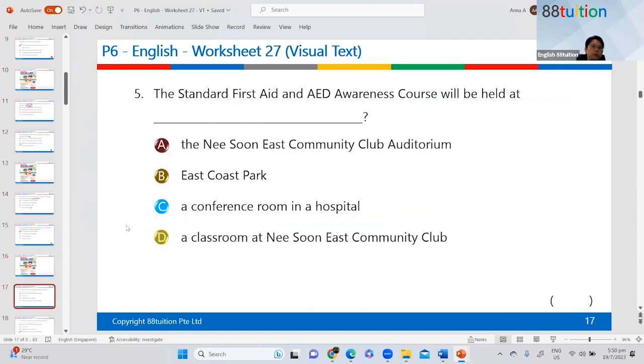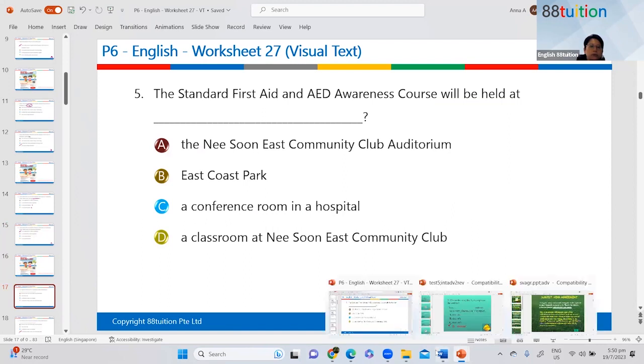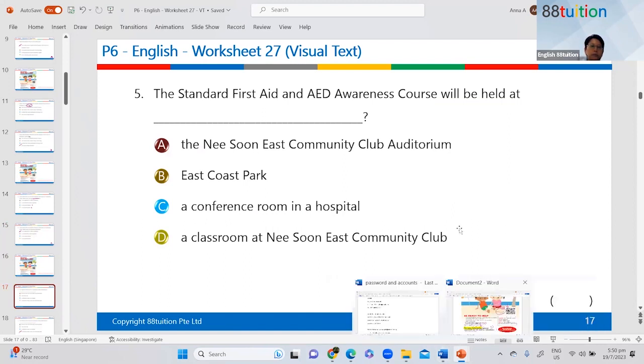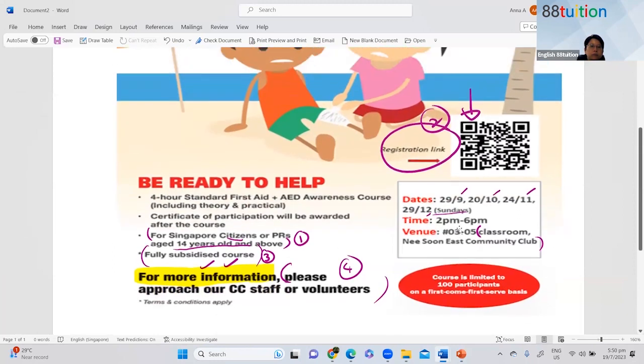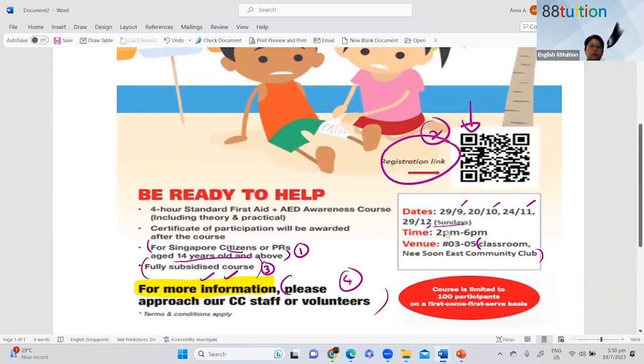Again, this standard first aid and AED awareness course will be held at where? East Coast Park, Nee Soon East Community Club and Auditorium, conference room in a hospital, a classroom at Nee Soon East Community Club. So let's check it out. Again, we go back here because this is bigger, right? Where is the location?